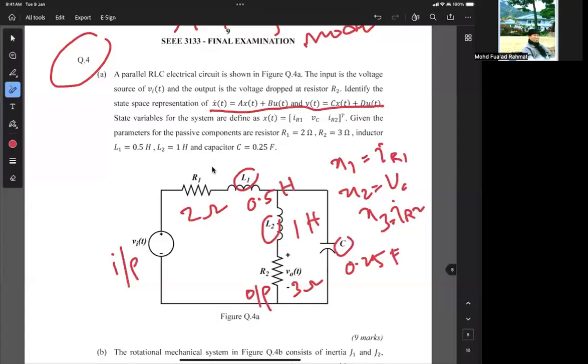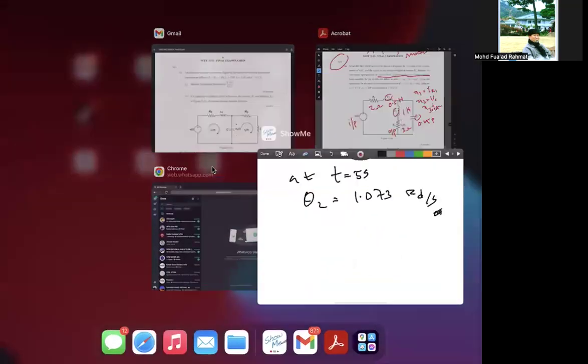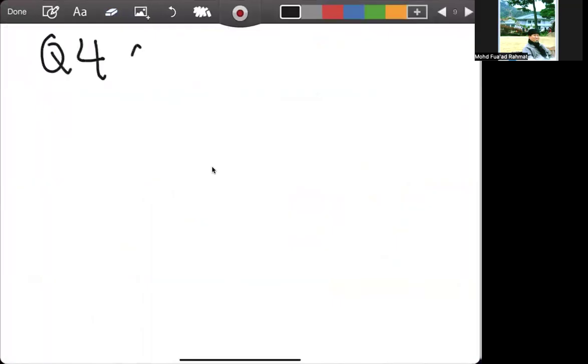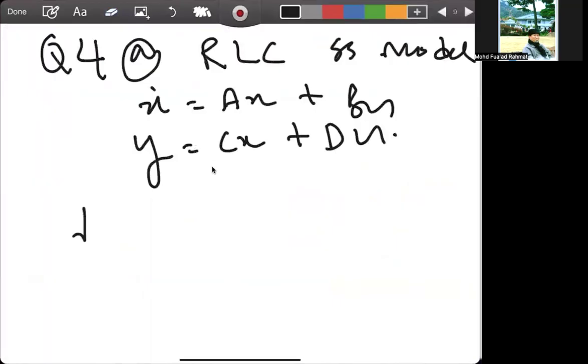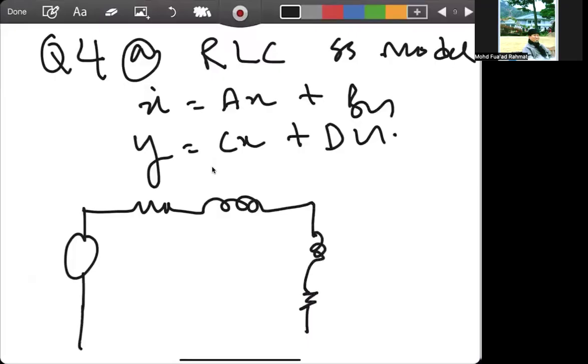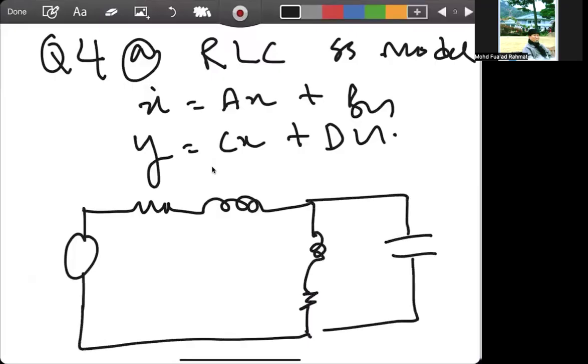Right. So we start to derive. Question 4, the state space model. Okay. So we insert the value 0.25.